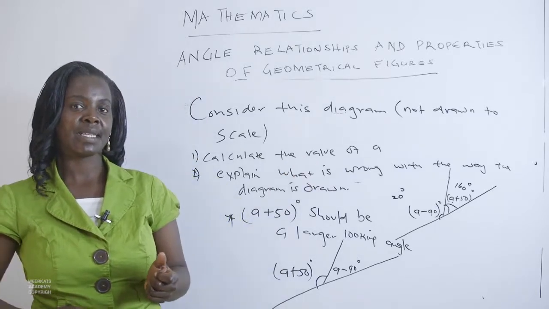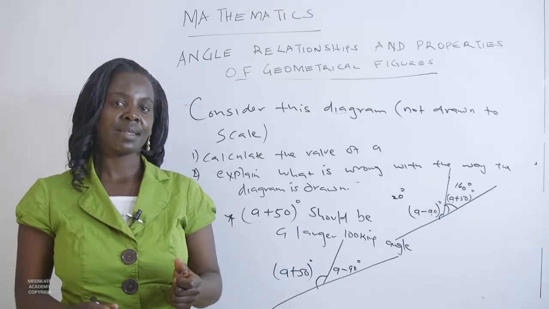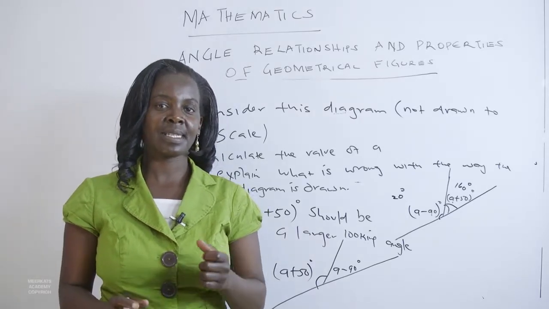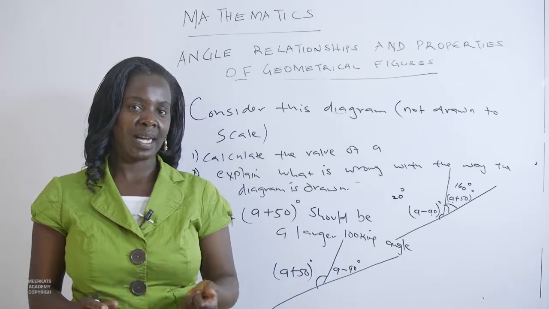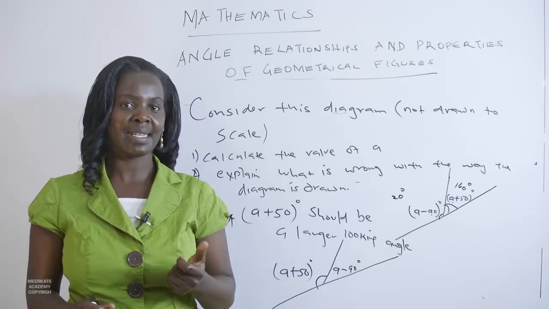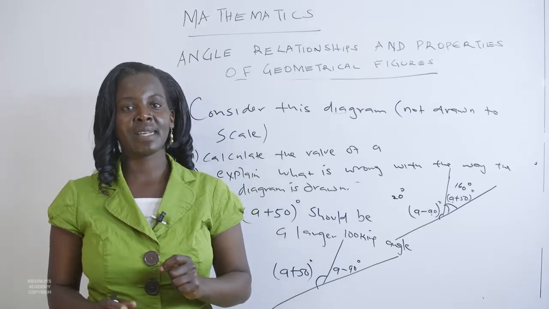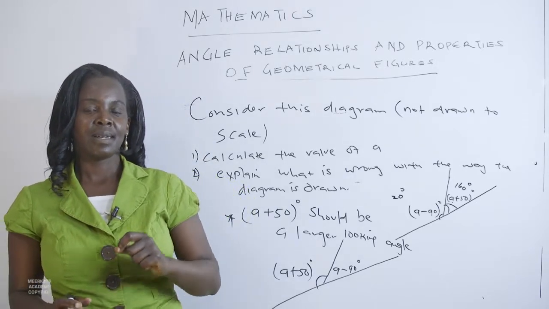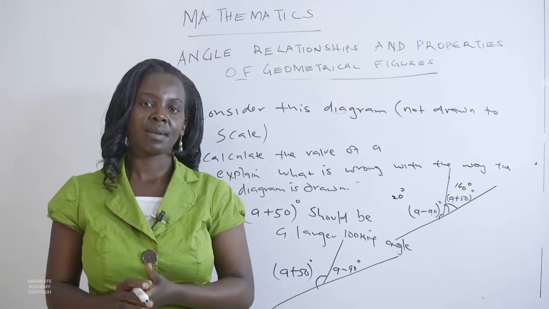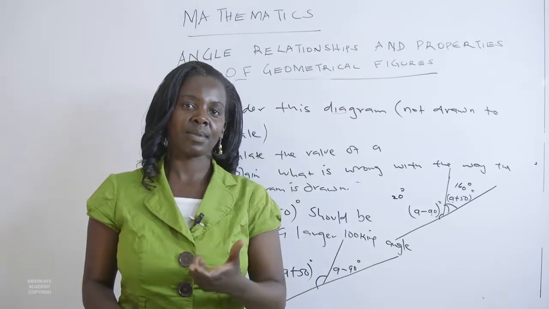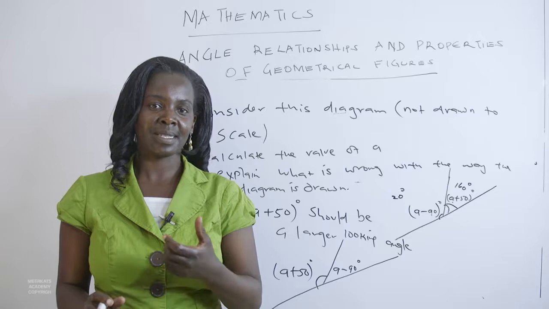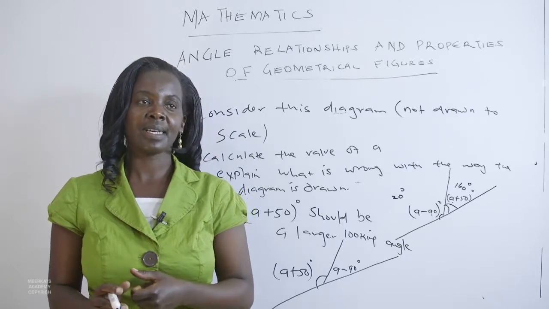A right angle measures 90 degrees. An acute angle measures less than 90 but greater than 0 degrees. A reflex angle measures more than 180 degrees but less than 360.